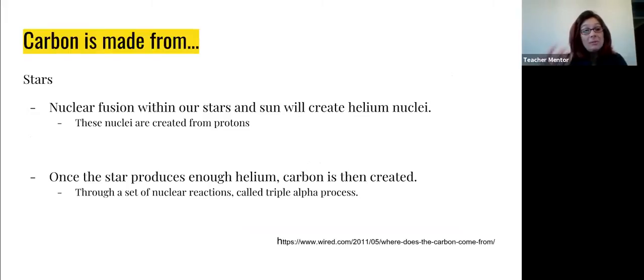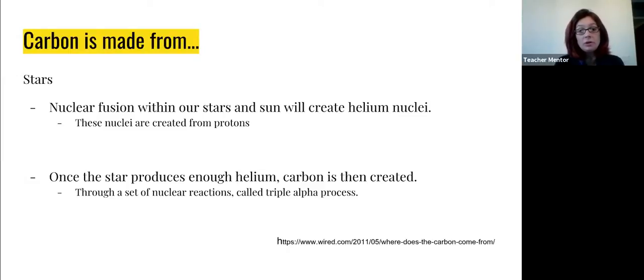So carbon is made from stars. It's got a very interesting origin that I'm going to go into in a little more detail than you are expected to know, but I found it fascinating, so I really couldn't stop. Again, carbon is made in our stars. When nuclear fusion happens within our stars and the sun, it will create helium nuclei, which are built from protons.